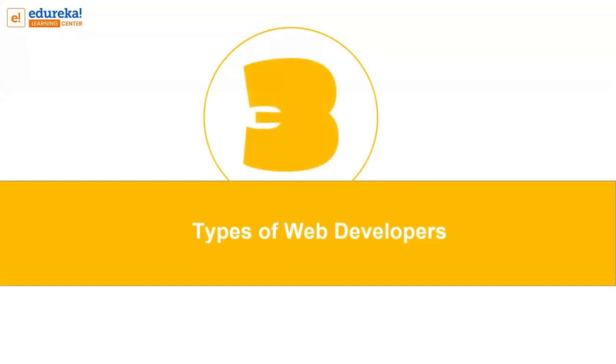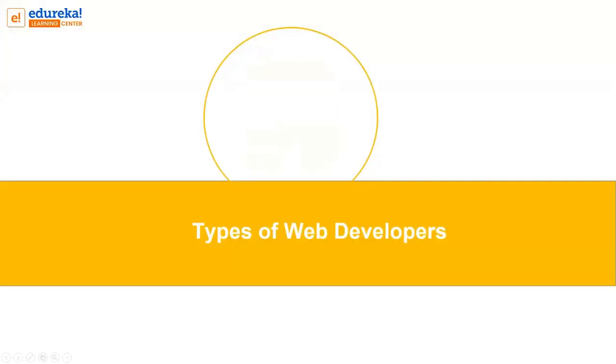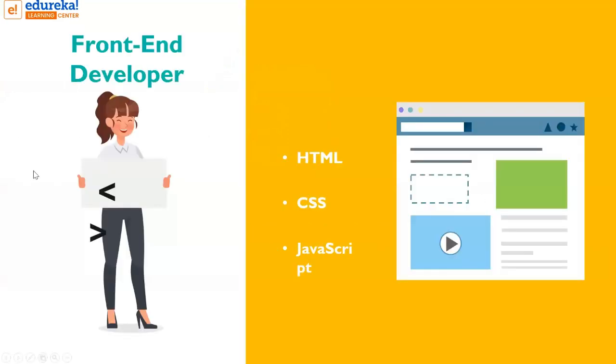Now that we have classified the web development process into layers, we have types of web developers. As I mentioned, there are 3 layers, so ideally, in olden days, there were 3 types of web developers. The front-end developer works on the front-end layer, the presentation layer, or the UI layer. They focus on technologies like HTML5, CSS3, and JavaScript.